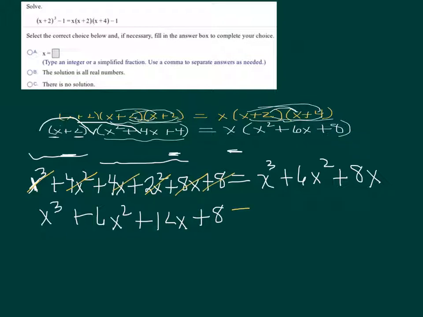Okay. And we still have the same thing here on the right: x cubed plus 6x squared plus 8x. And if I'm now going to subtract all of the stuff here on the right and, quote unquote, move it to the other side, right? Because this is positive, this is positive, and this is positive, so I can subtract all of those things. And when I subtract x cubed from both sides, well, this one goes to 0, right?